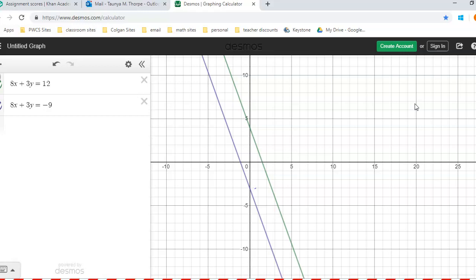So you would need to graph the lines and just write no solution. Wait, so in Desmos you can just enter it in. You still have to graph it. But then yes. So if you're looking at just it, so here I can see that this goes through 4, this goes through -3.